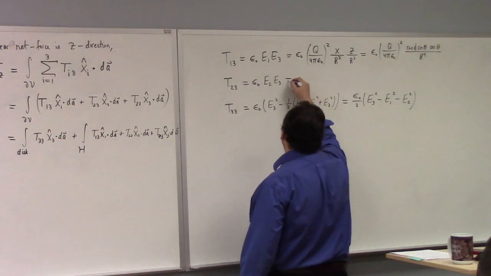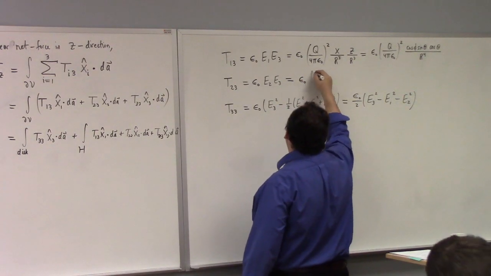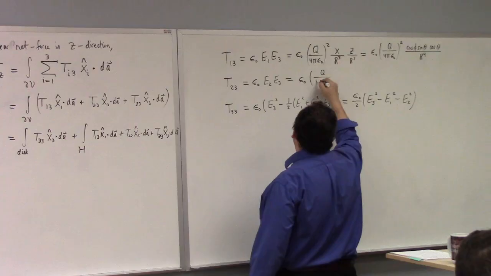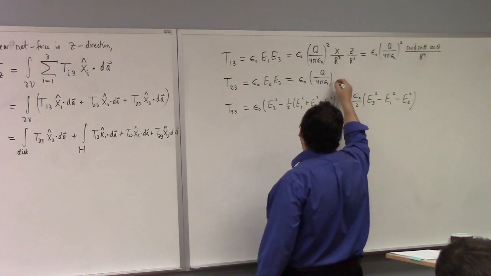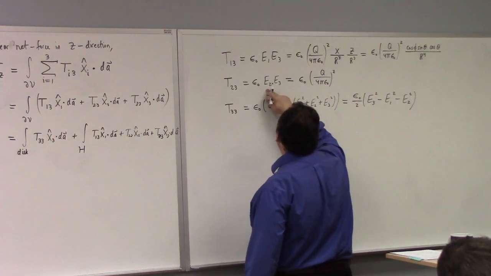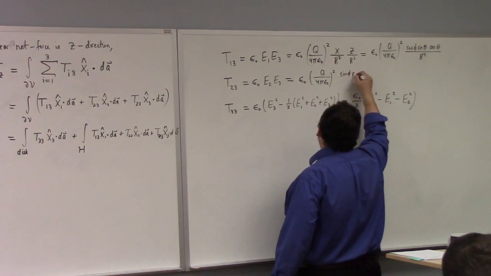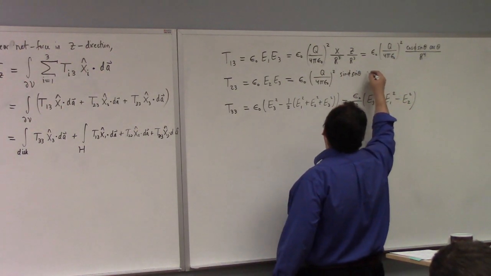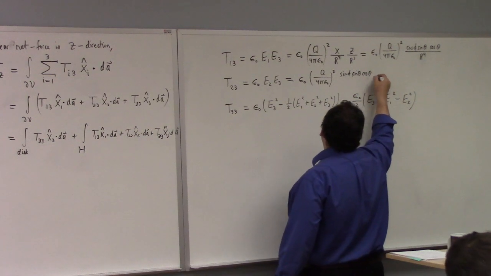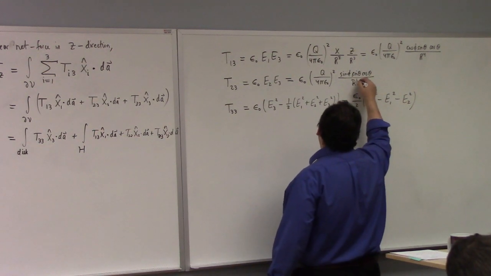And then this is epsilon naught q over 4 pi epsilon naught squared. And the E2, I'll just get straight to it, is sine phi, sine theta. E3 gives me that cosine theta, and I'm again dividing by r to the 4th, right?